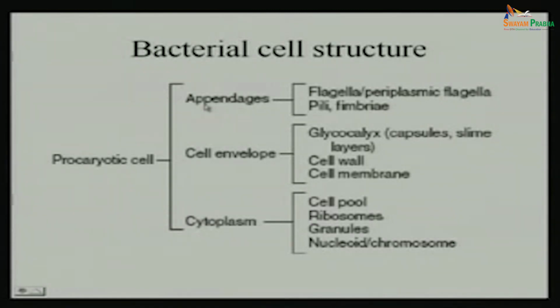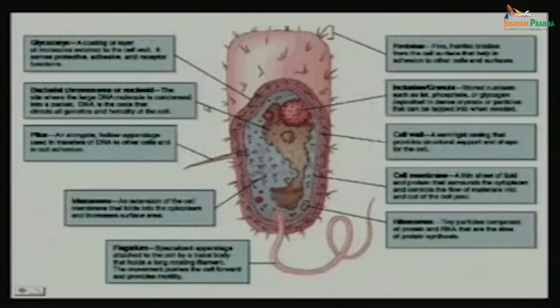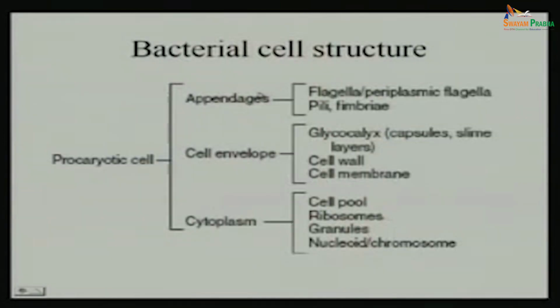Appendages means the outer protecting layer which is present external to the cell wall of this bacteria. What are those? These are the flagella, the pili and the fimbriae.